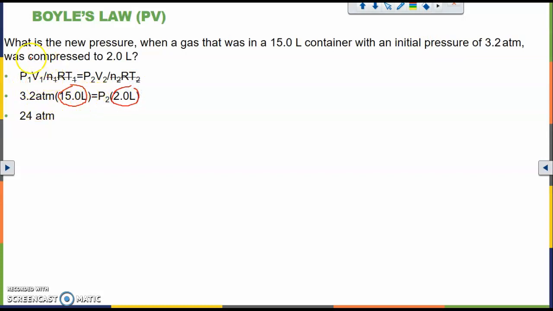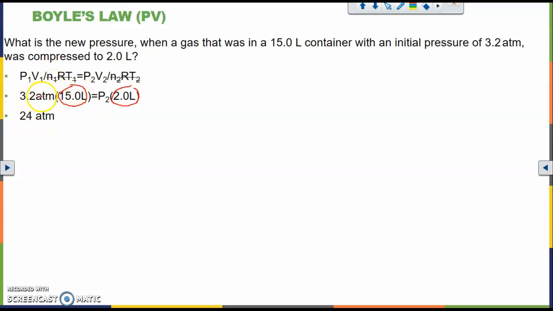Since they are on the same side of the fraction bar, they have what we call an inverse relationship. So if I decrease the volume, the pressure had to increase. The new pressure had to be greater than the initial pressure. If you had an answer of less than the initial pressure and the volume has decreased, you made a mistake already.